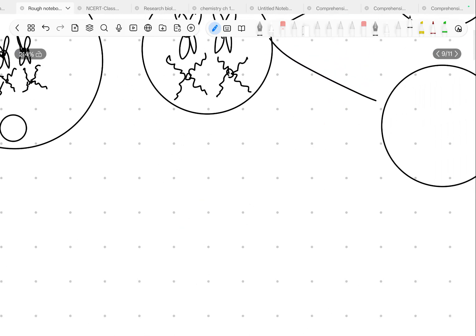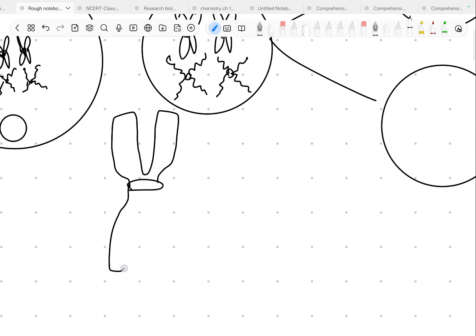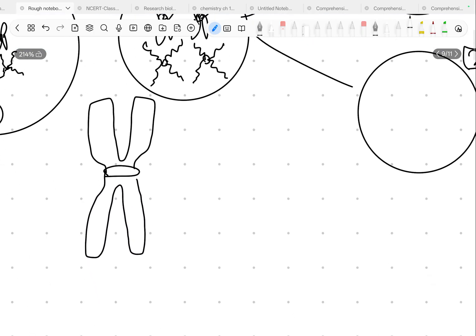Let me draw the structure of a chromosome better. These are the chromatids.